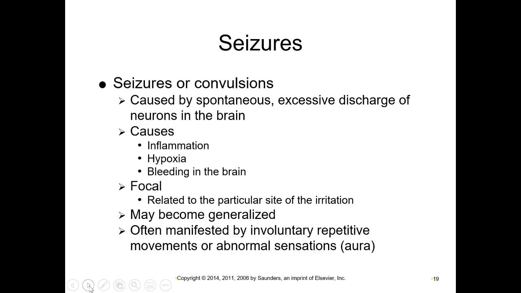There can be focal, related to the particular site of the irritation. They can become generalized. Lots of times what we see is an aura or an abnormal sensation. And that's when we see those repetitive movements, involuntary.